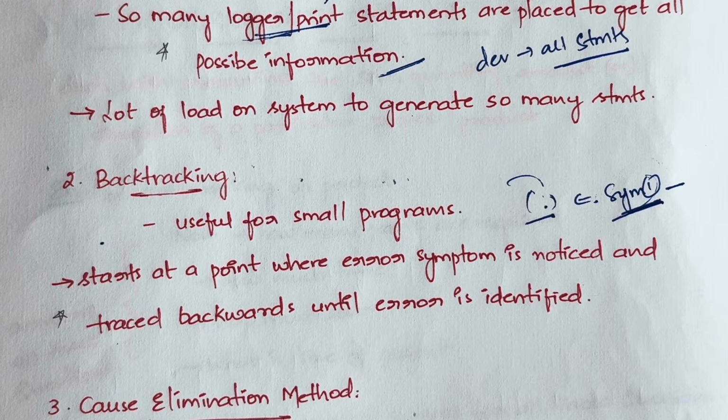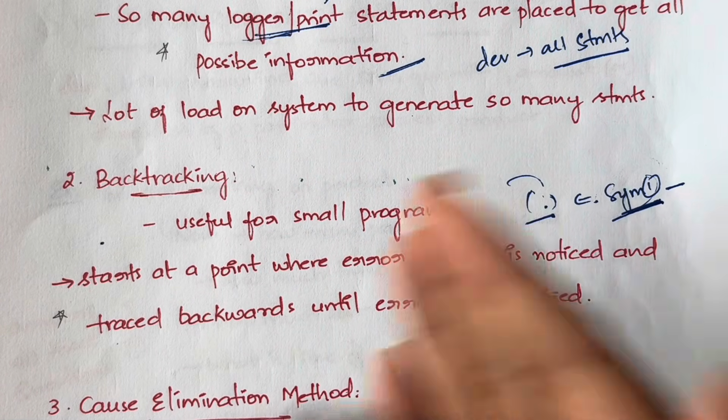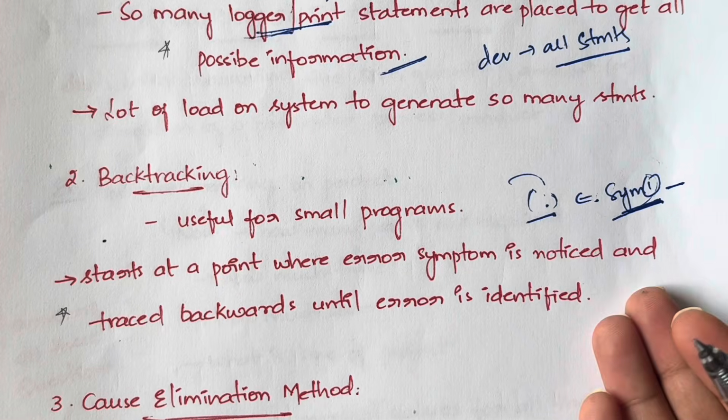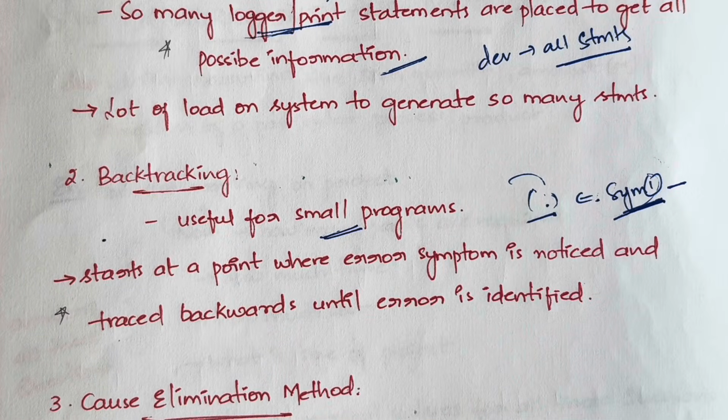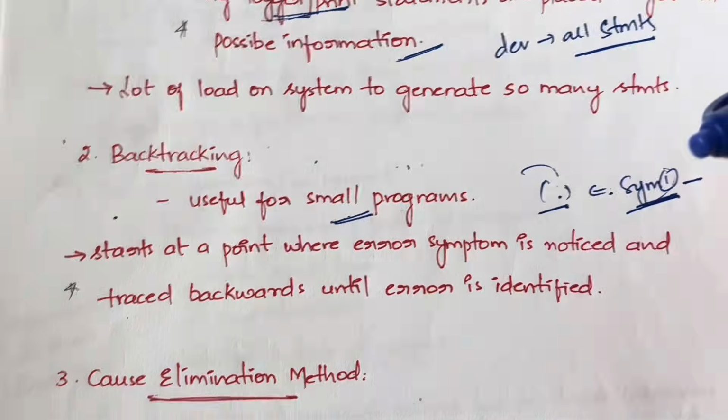So basically it is kind of challenging again. Why? Because if there is a very big program, then going back and backtracking is one of the hardest tasks, right? So that's why I was mentioning it is useful especially in the case of smaller programs rather than bigger programs. Okay, next is the cause elimination method.